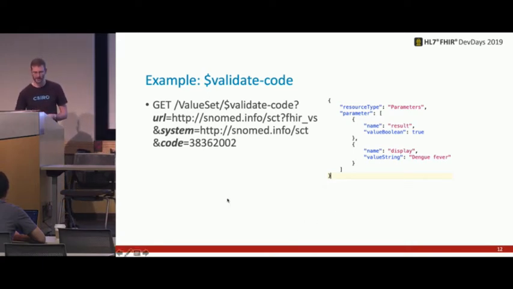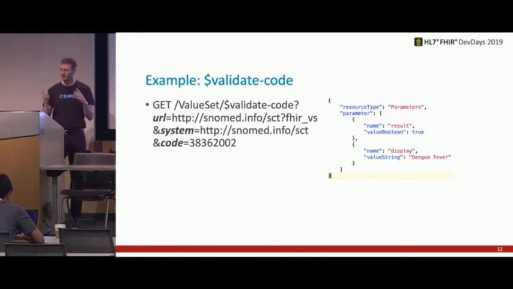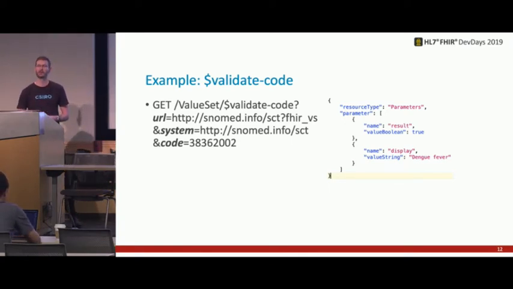So in this case, I'm saying that the system of the concept I'm passing in is SNOMED, and the code I'm passing in is 38362002, which is the code for dengue fever, which is important to me because I'm from North Queensland, where there's lots of dengue fever. If I call that on the server, it'll come back and say, yes, that code is a member of that value set, and the display is indeed dengue fever.